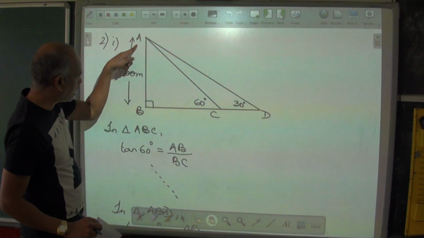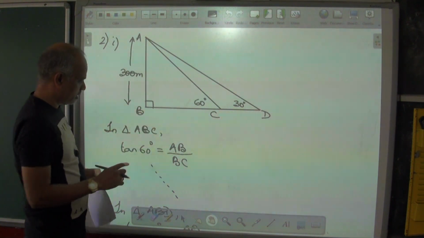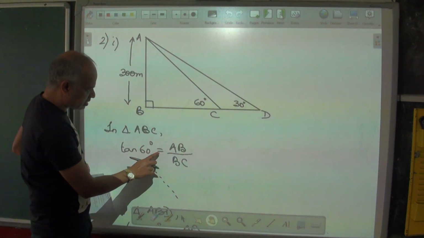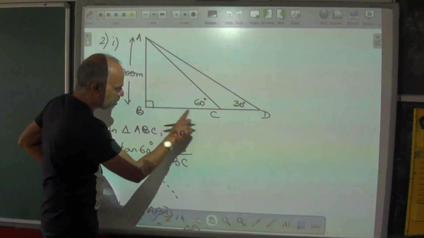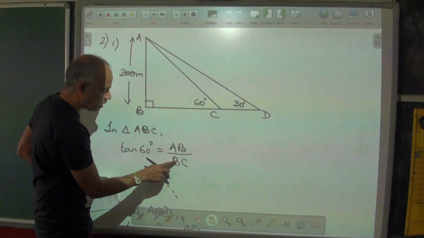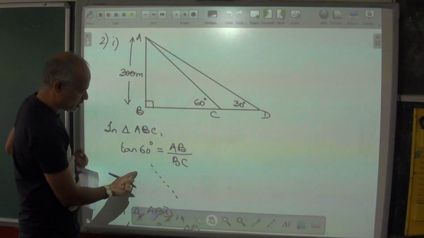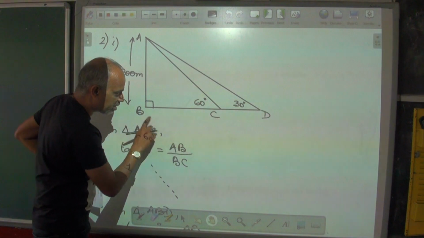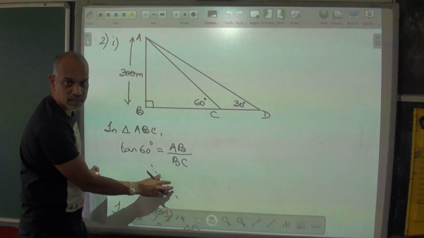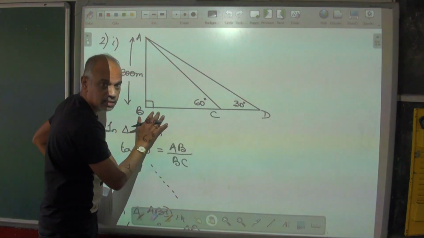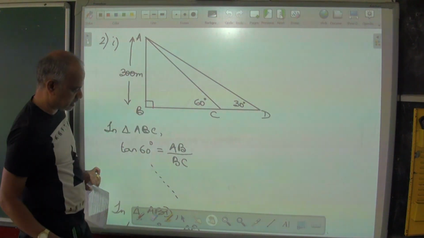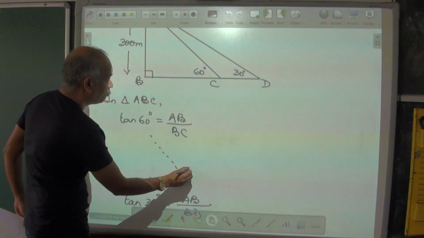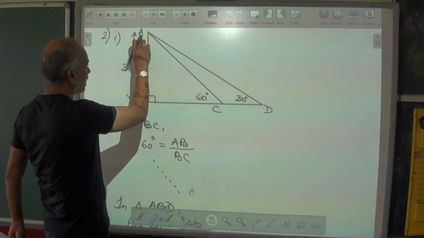In triangle ABC, tan 60 degrees is equal to perpendicular by base. That's AB by BC. You substitute tan 60's value, equal to AB, which is known, 300 divided by BC. Simplify this, you will get the value of BC. This much is known. Now, for the second one, use the second triangle.